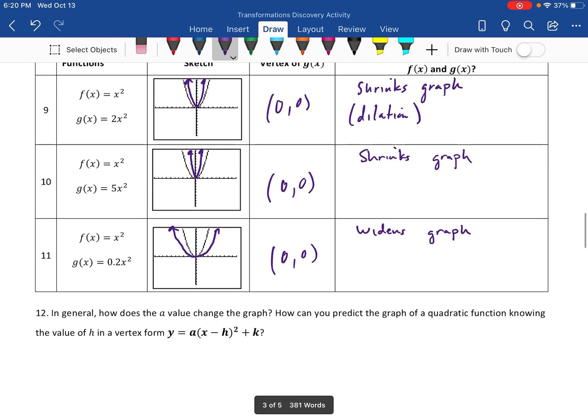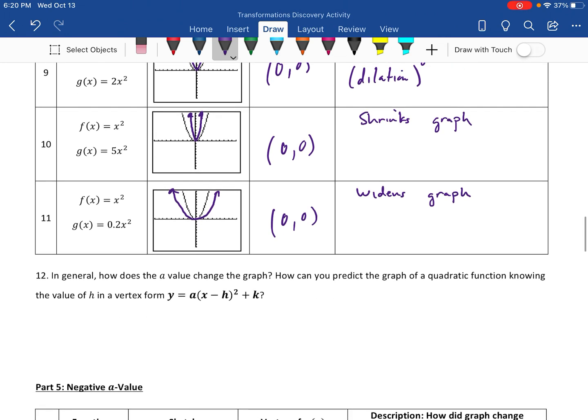Now, why do you think that is? You want to ask yourself that. If I change my a value, how does that change my graph? My a value actually shrinks or widens my graph. It will shrink, right?